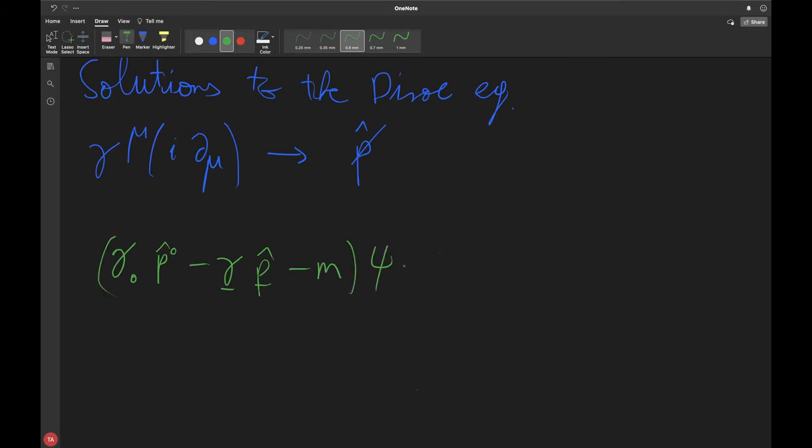So I am writing the Dirac equation out in a form where the time component and the space component are separated. And now let's remember that the gamma matrices have this two block shape.